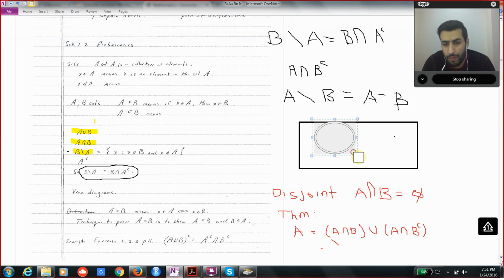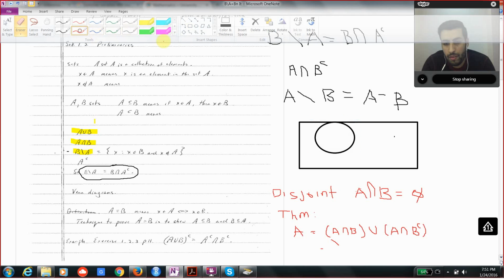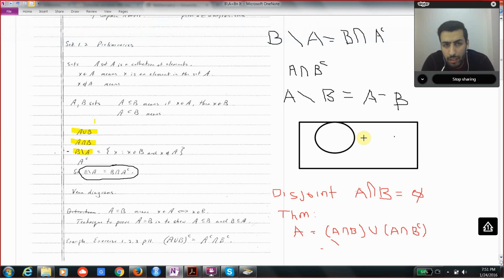Here are my two sets, A and my other set B. I'm going to put it in a different color. They aren't disjoint. They're going to overlap.